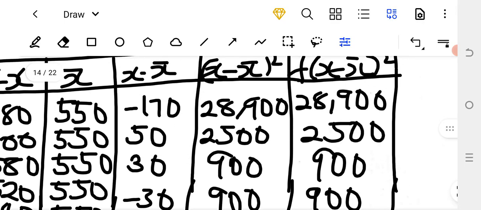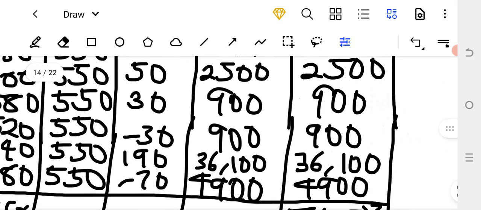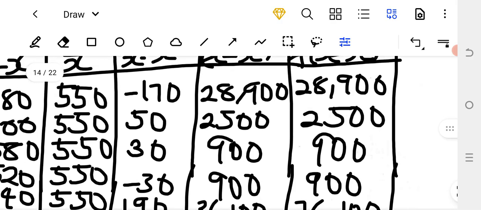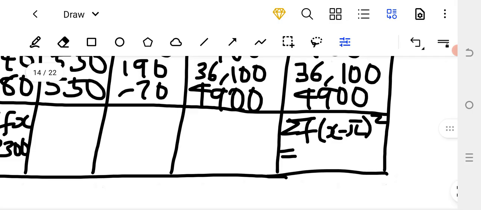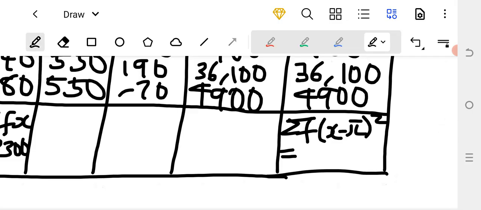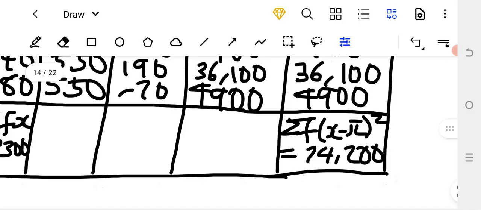So this is 28,900 plus 2,500 plus 900 plus 900 plus 36,100 plus 4,900. Your final answer is going to be 24,200. Then we can now proceed.